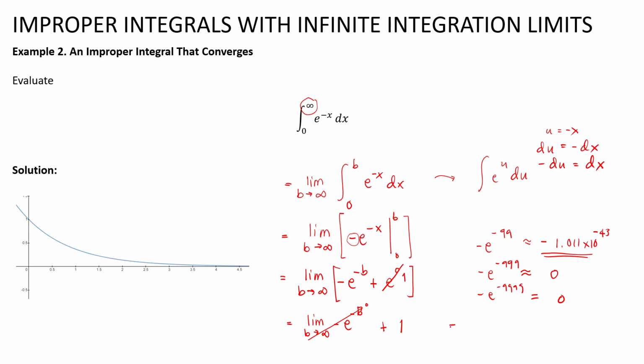So the final answer is 1. And since the limit exists, it is 1. So meaning it is converging. So that's how you evaluate the improper limit.